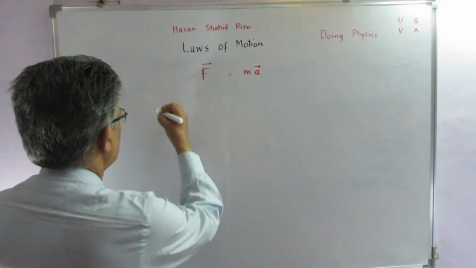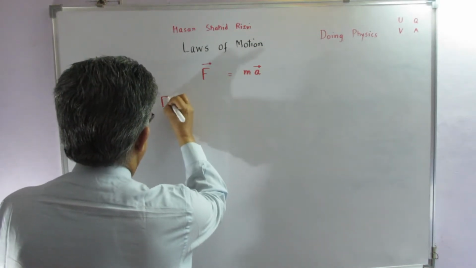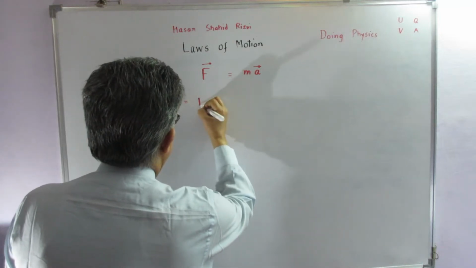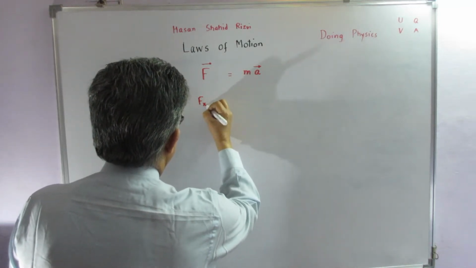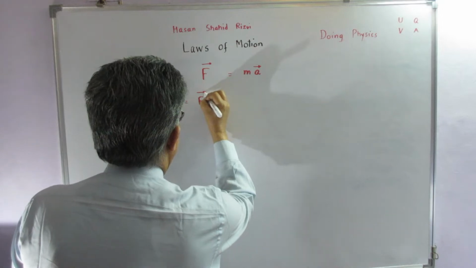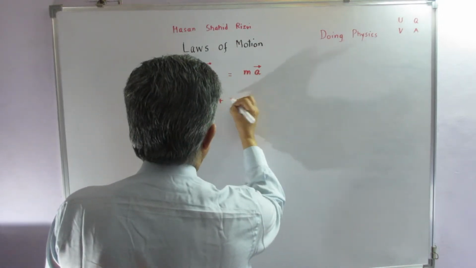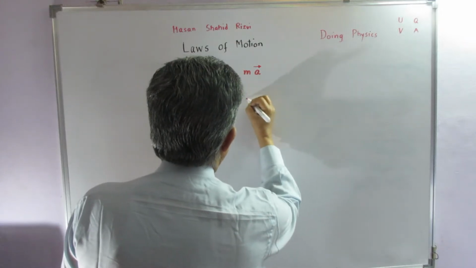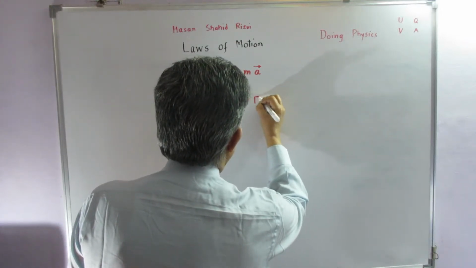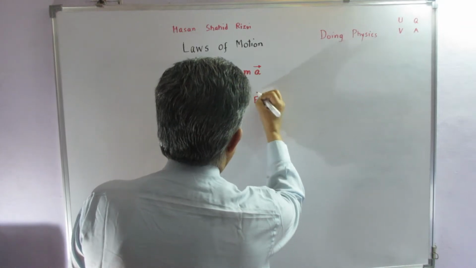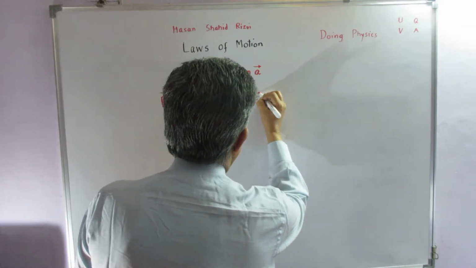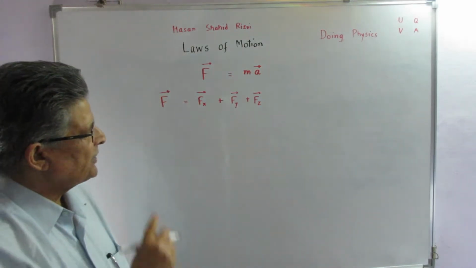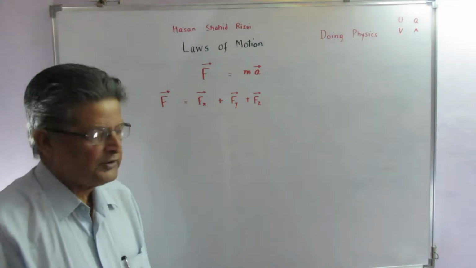So I can write my F as equal to Fx, I can resolve it in three parts: Fy plus Fz. I have to do this because one of the followers of the lectures has emphasized how the resolution takes place.